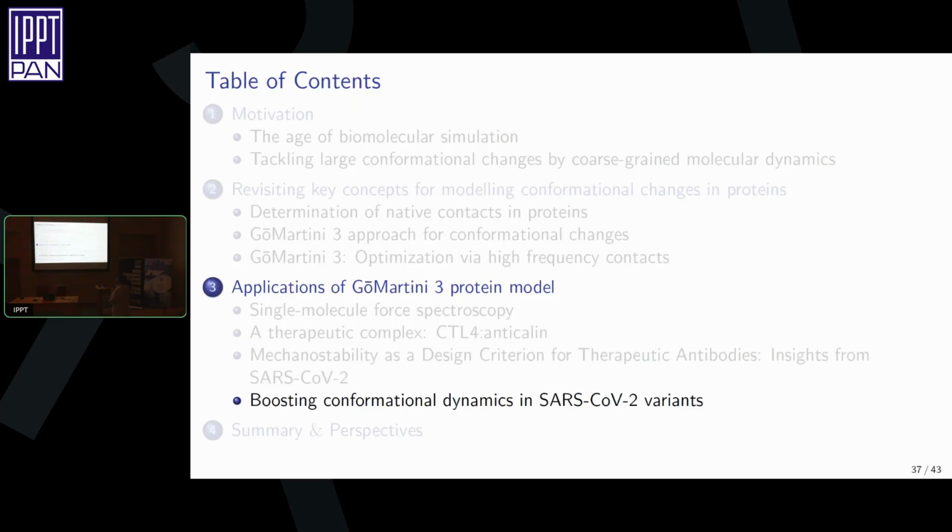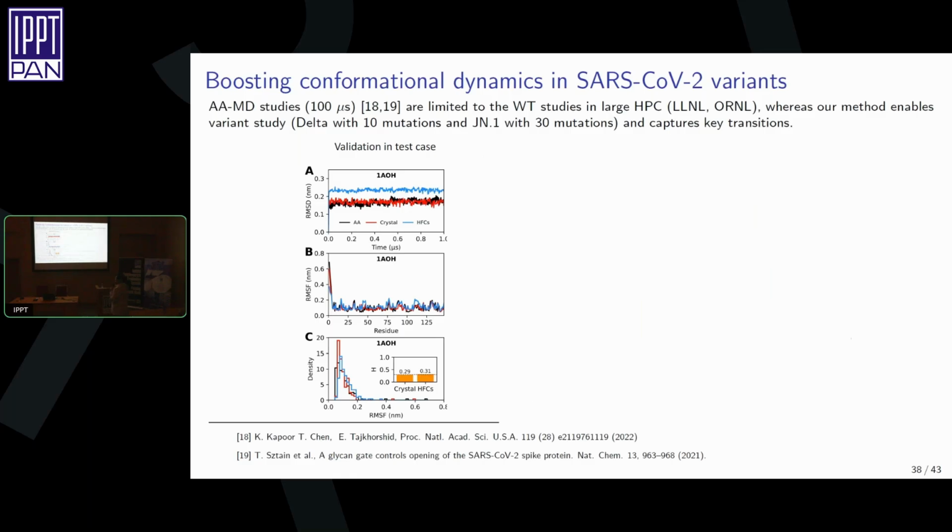I started saying that we could study much more, and I was also mentioning to Bogdan that we can study much larger systems. So the idea is enhancing the GōMartini 3 approach using high frequency contacts. All-atom studies typically now, in modern days, reach 100 microseconds, but these are limited to a few cases.